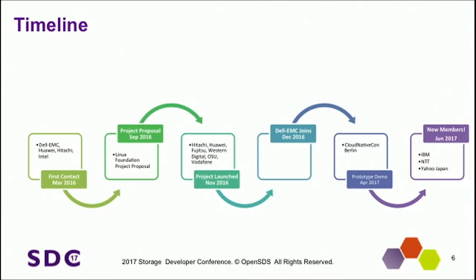A few months later the project was formally launched with Hitachi, Huawei, Fujitsu, WD, and a few others. In December last year, EMC Dell announced they would participate in the OpenSDS project. And early this year, we demoed the Kubernetes integration based on OpenSDS at CloudNativeCon in Berlin.